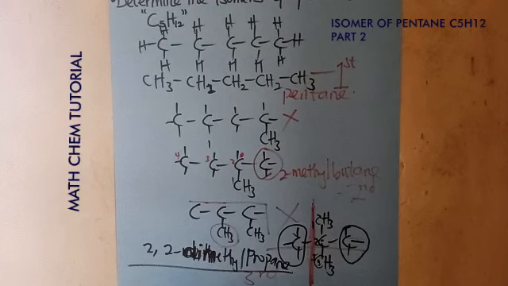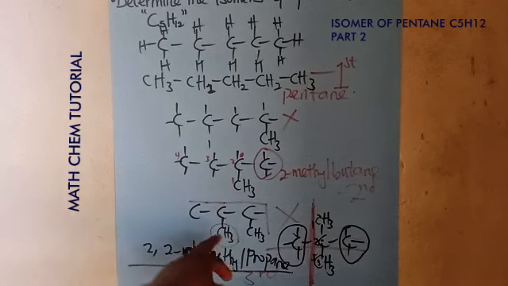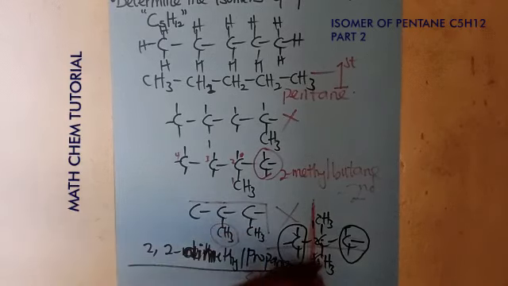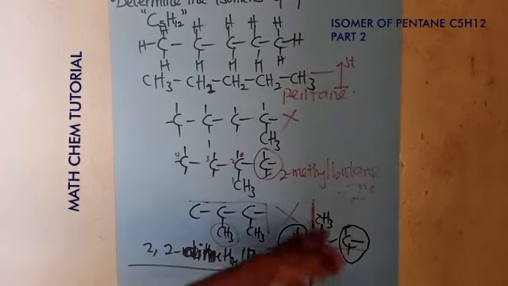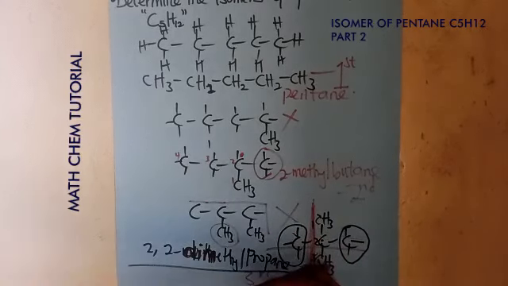So now, how can we determine whether we are done or we still have more isomers? Don't forget that while fixing these two substituents, you can use anyone you prefer. I've put it here, I've already shown it here.